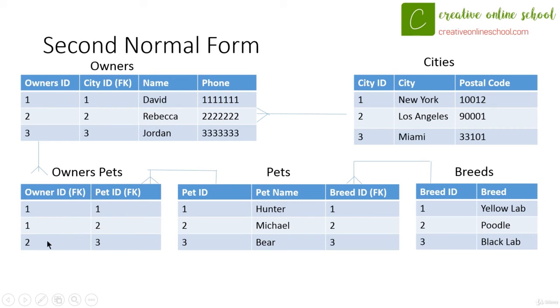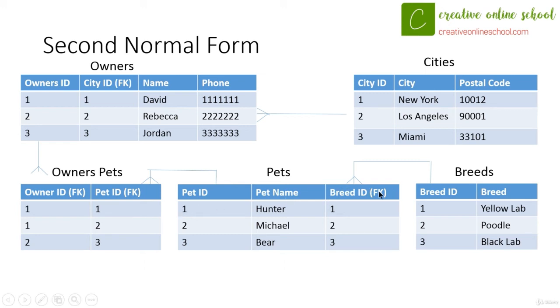If I wanted also for Rebecca to own the pet ID of 2, I could input that here and it would not mess anything up because I would have another reference to simply Michael. And that is completely legal because, say, if a couple owned a pet together or a couple owned many pets together, that is how a many-to-many relationship would be viewed.